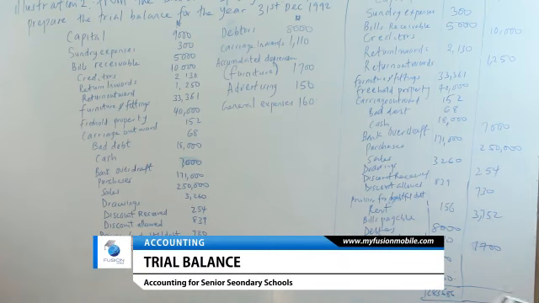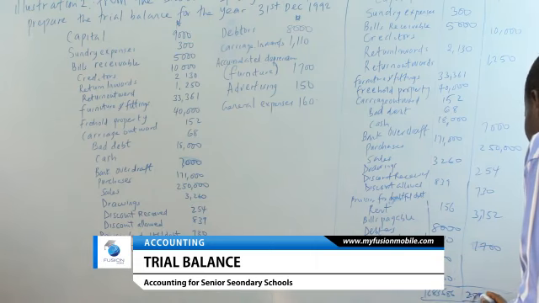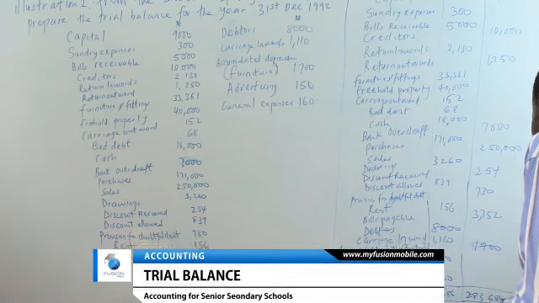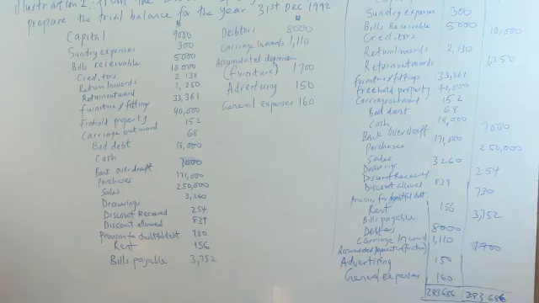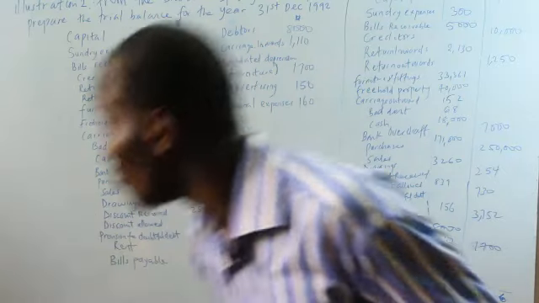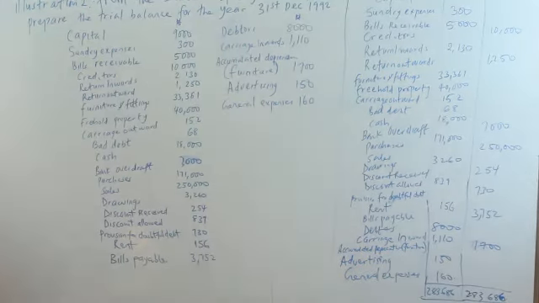So that gave us 283,686. So this is the test of arithmetic accuracy of the balances of the ledger. So we have a balance. The total of the debit side is equal to the total of the credit side.